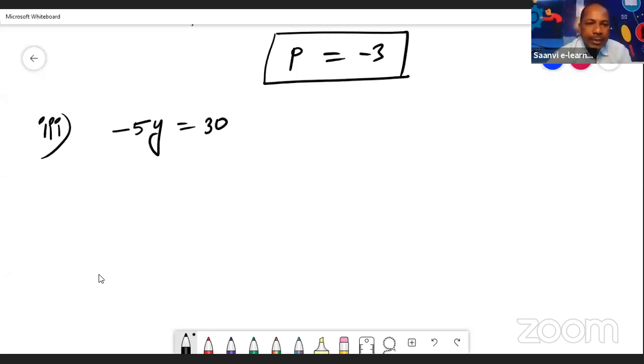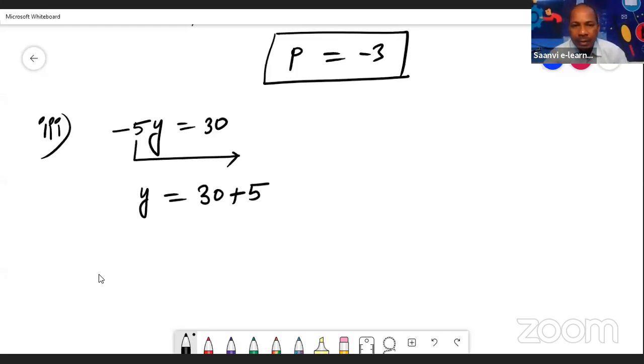Now this minus 5 send this side. What will happen? It becomes plus 5. When this minus 5 is sent this side, will it become plus 5? No. Right.